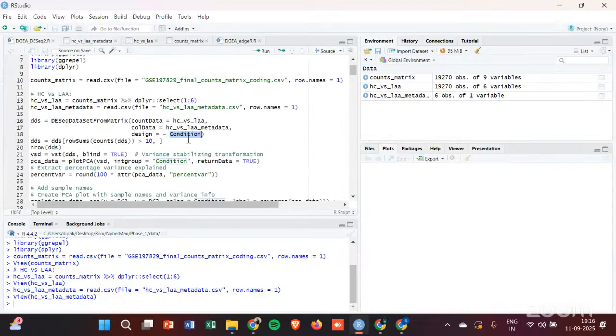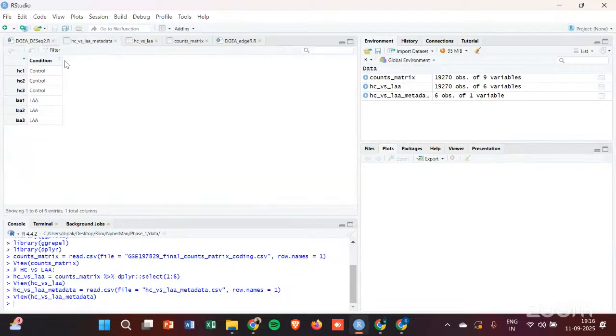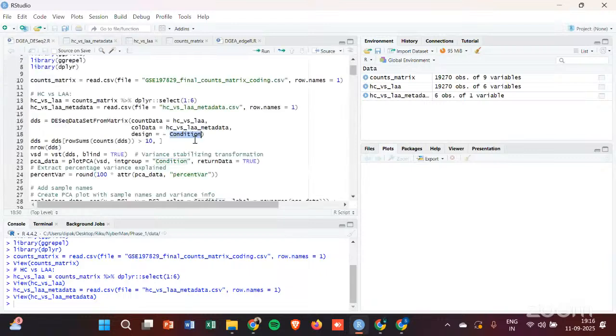Now, just for the sake of this example, I have kept it only as a single covariate. For example, if in the metadata you had another column, say gender, with males and females, in the DESeq2 formula you are also allowed to use plus gender, so that the DESeq2 model takes that covariate into account as well.